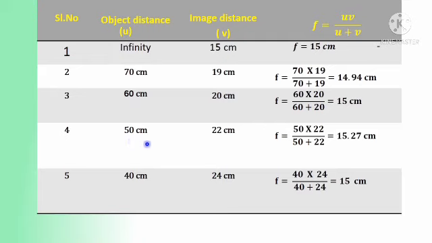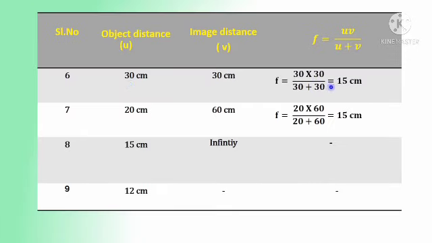Focal length uv by u plus v equal to 15 centimeters. Next one, object distance is 30 centimeters, image distance also 30 centimeters. That time we find out the focal length of the lens is 15 centimeters.